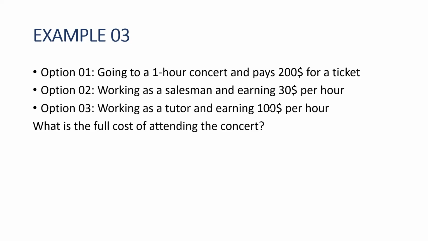You can't add 130 together because you can't do both option 2 and option 3 at the same time. What others have done is they have calculated 200 plus 30 plus 100. So that's how they got the answer of 330.